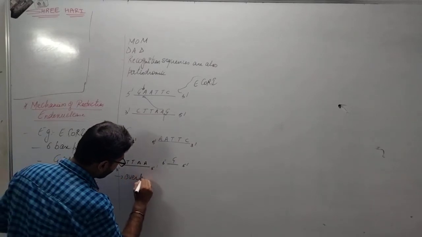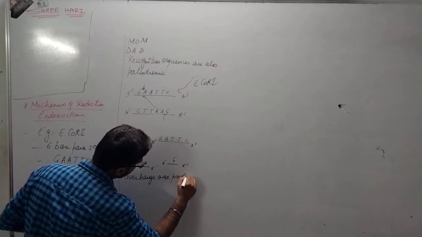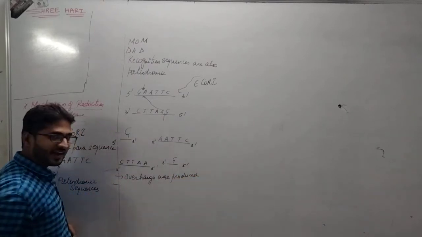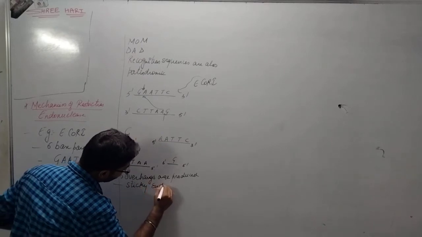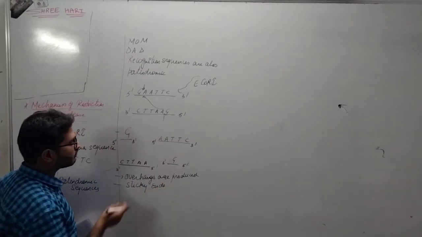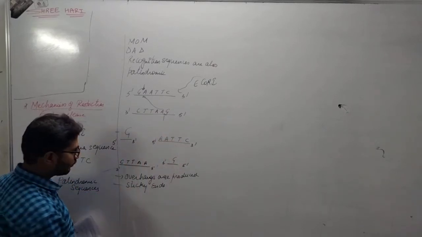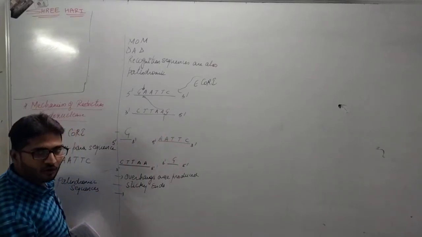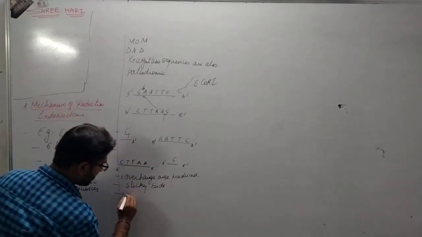So overhangs are produced. The bonds broken in the overall production of sticky ends are both types.